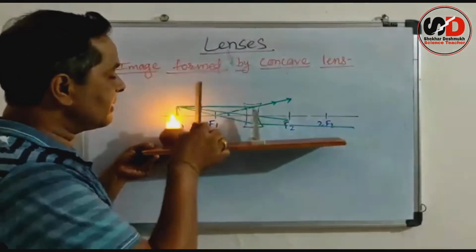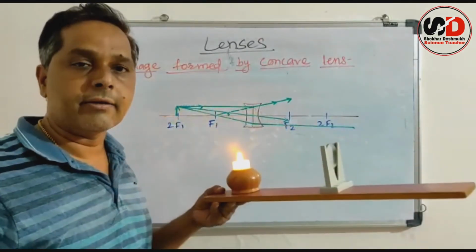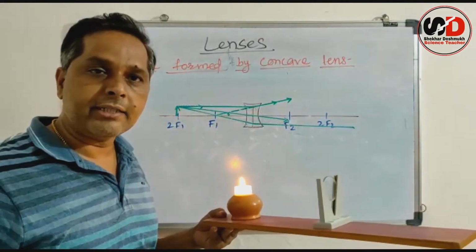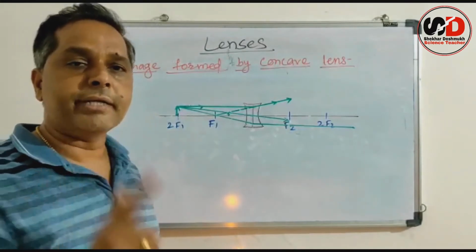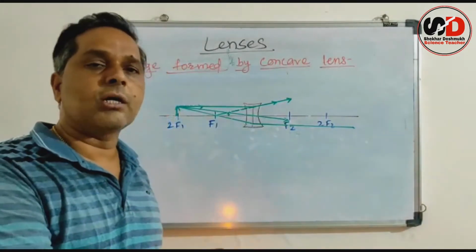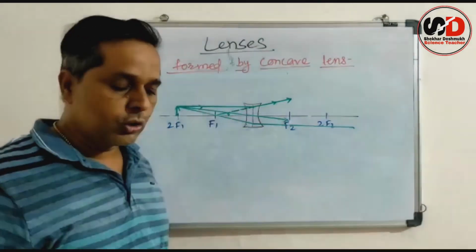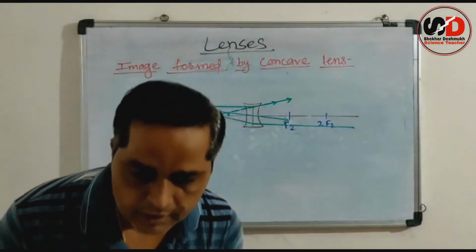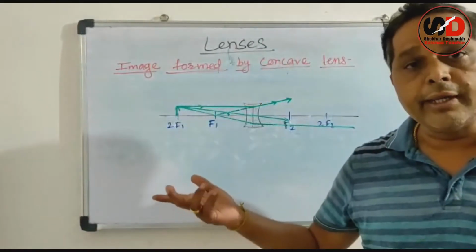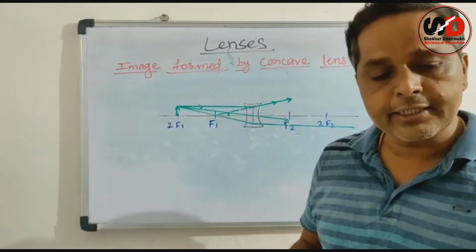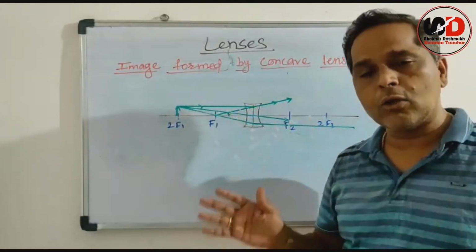But if we place the screen here, we cannot take that image on the screen. Why can we not take the image? Because the light rays are not actually meeting, but they appear to come from there. So the image is formed between F1 and O. This is the basic difference between real image and virtual image. A real image can be taken on a screen, but a virtual image we cannot take on a screen.